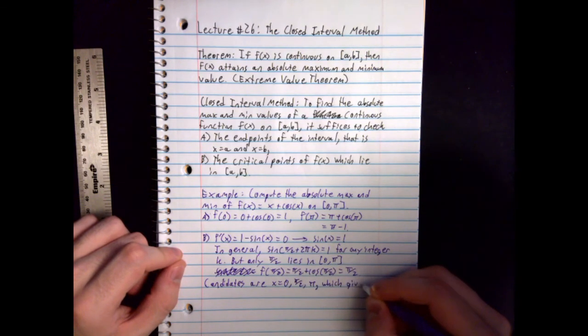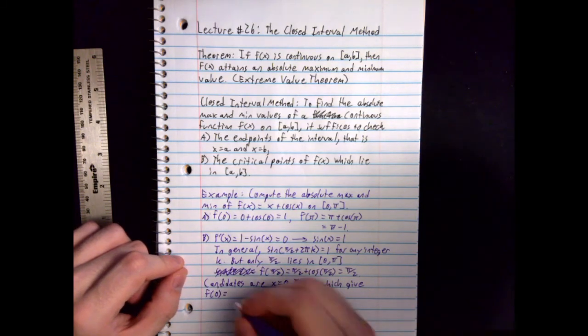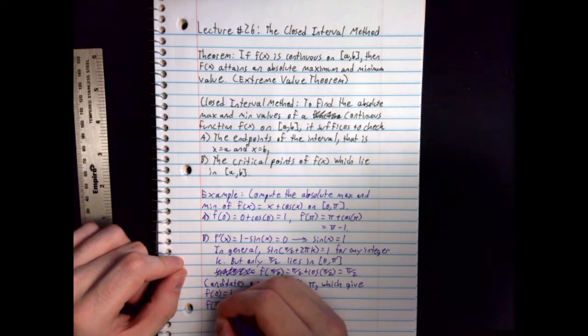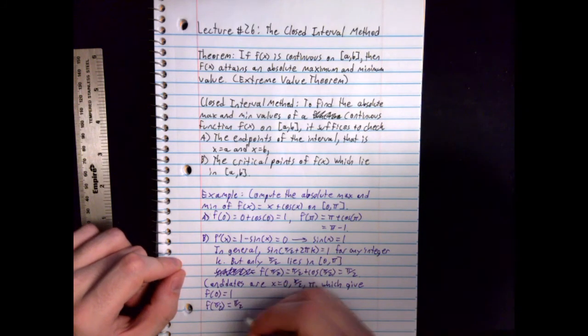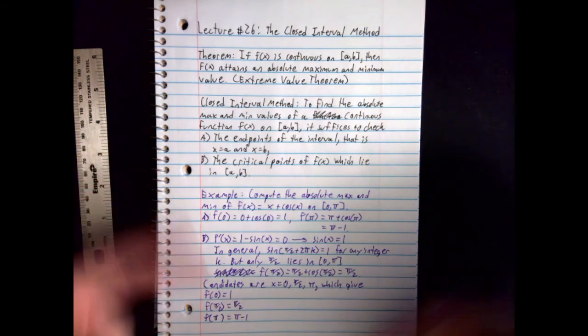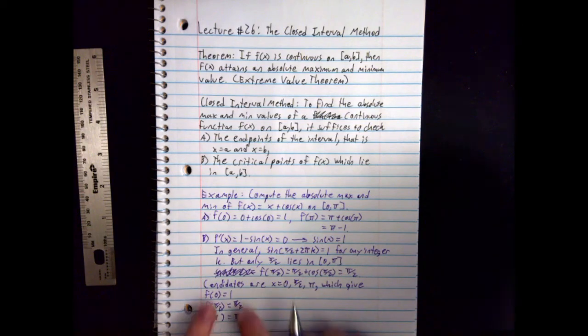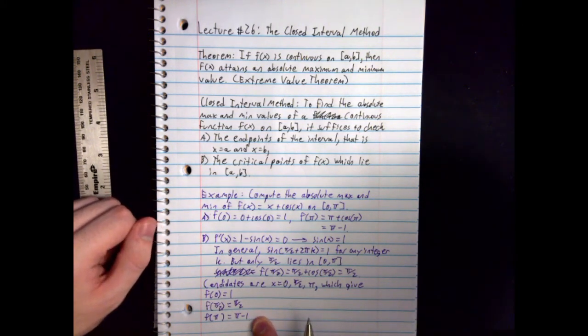And our values, let's just summarize. f of 0 was 1, f of pi over 2 was pi over 2, and f of pi was pi minus 1. Now all I have to do is look at these values and see, of 1, pi over 2, and pi minus 1, what's the biggest and what's the smallest?